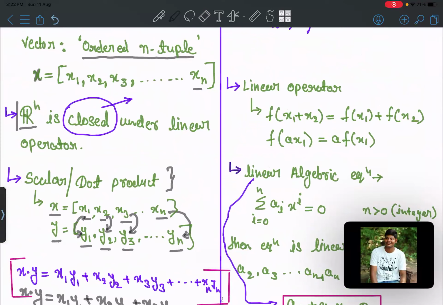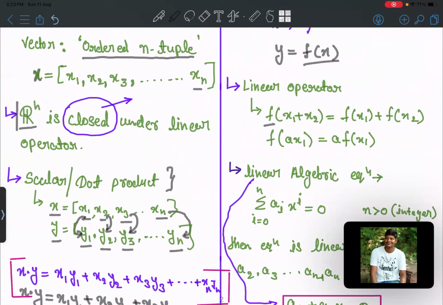Now after this, what is called a linear operator or linear operation? Suppose we have some function f, okay? Some function f is represented by y equal to f of x.